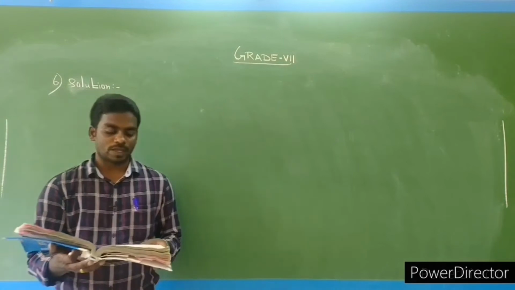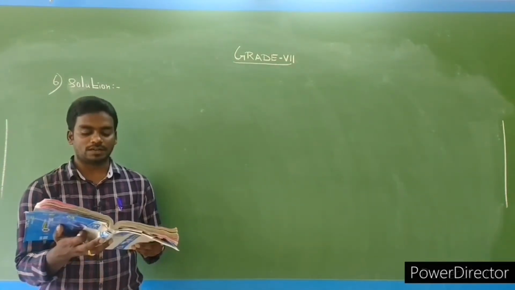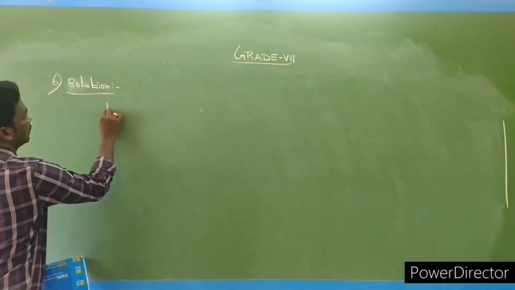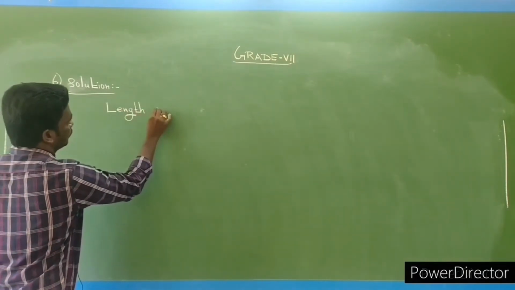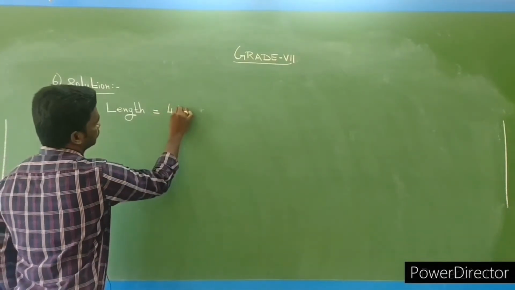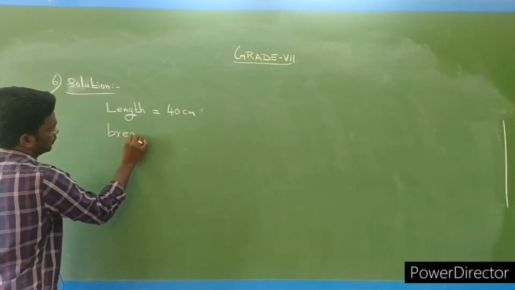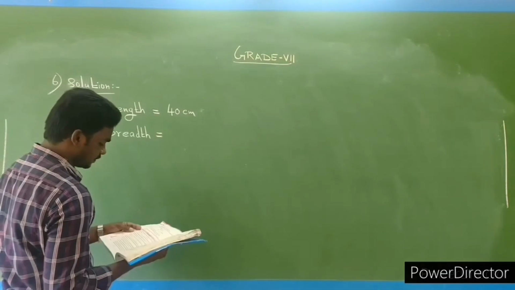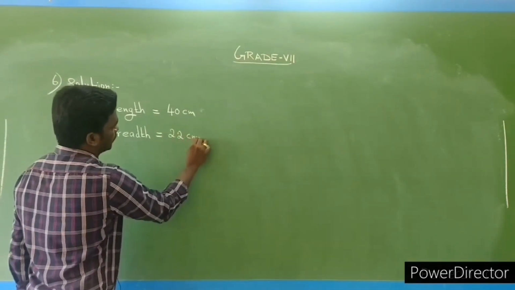So next, our sixth question. A wire is in the shape of a rectangle. Its length is 40 centimeter and breadth is 22 centimeter. Length is 40 centimeter and breadth is 22 centimeter.